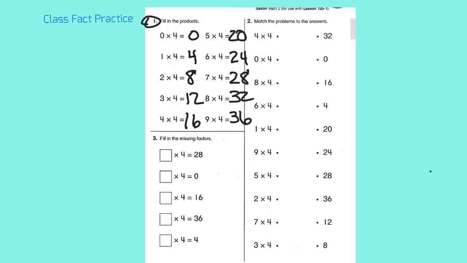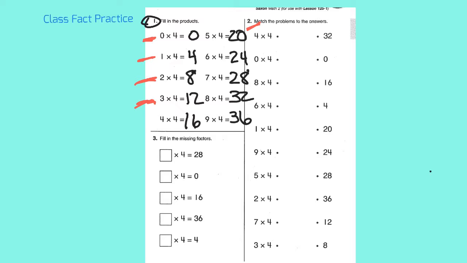If you notice, you already know some of these facts from learning the others. So you know 0 times, you know 1 times, 3, 2, 3. You know the 5 times 4. So really you're only adding a few more multiplications to the ones you already know.